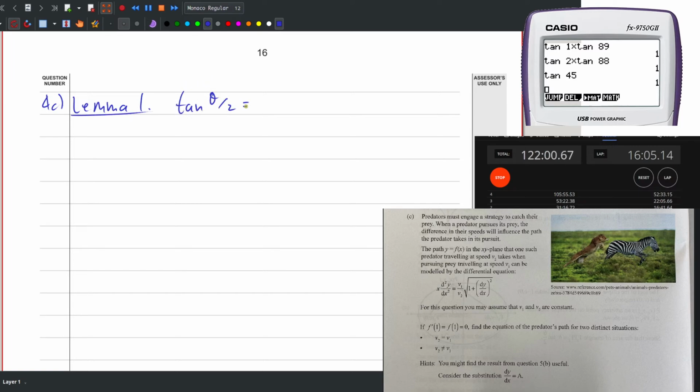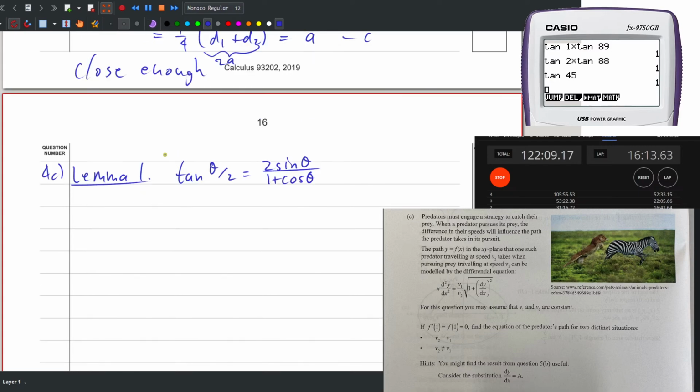Tan theta on 2 equals sine theta over 1 plus cos theta. All right, so how do we prove this? You just go right hand side equals sine theta over 1 plus cos theta, which is equal to 2 sine theta on 2 cos theta on 2 over, so remember 1 plus cos theta, we can rewrite it, because cos 2 theta is equal to 2 cos squared minus 1.